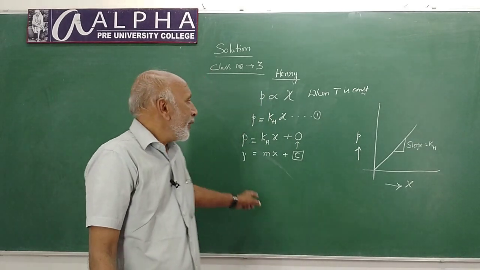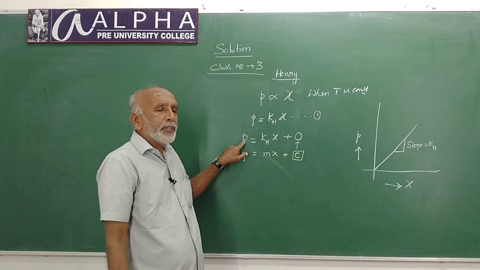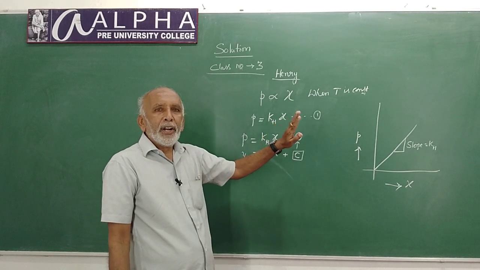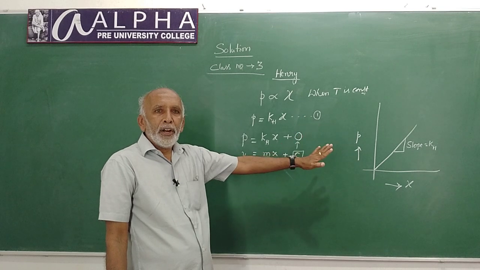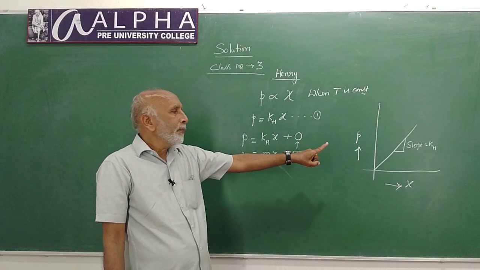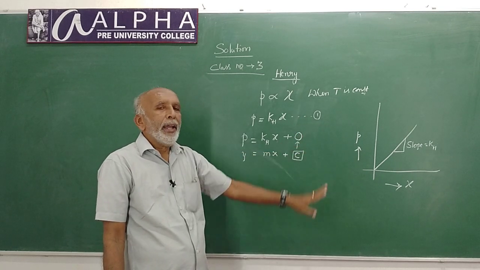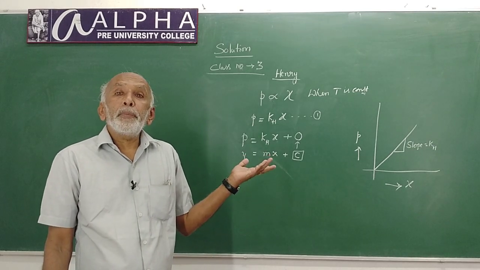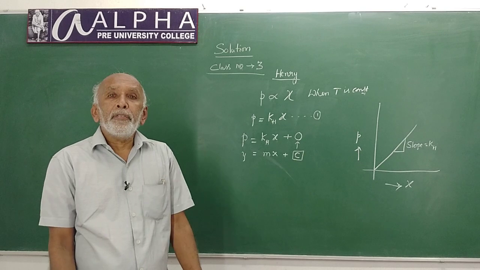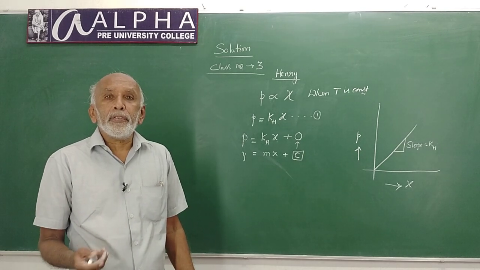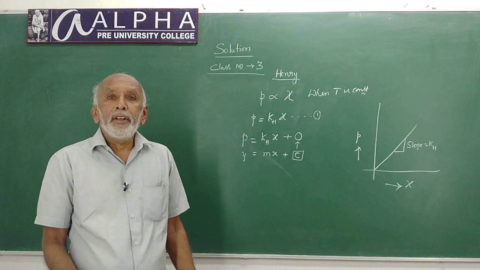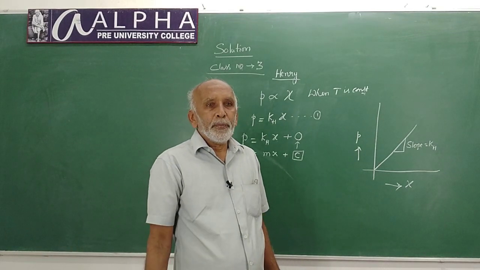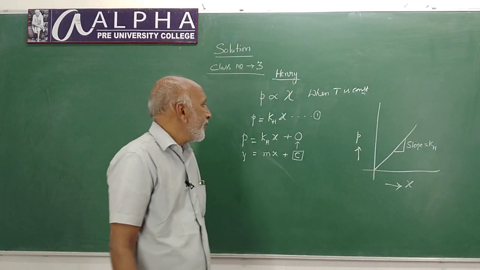So, the plot of pressure against mole fraction is a straight line passing through the origin whose slope is simply equal to Henry's constant KH. By this method, one can get the value of Henry's constant of a given dissolved gas at a given or fixed temperature.